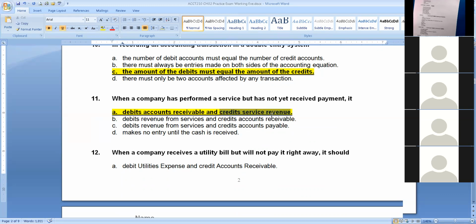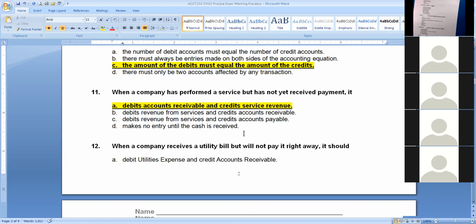Revenues are always credits. So this is the only one it could possibly be. But yeah, it is A. It's the accounts receivable and credit service revenue. But if you know revenues are always credits, it's the only one it could be.